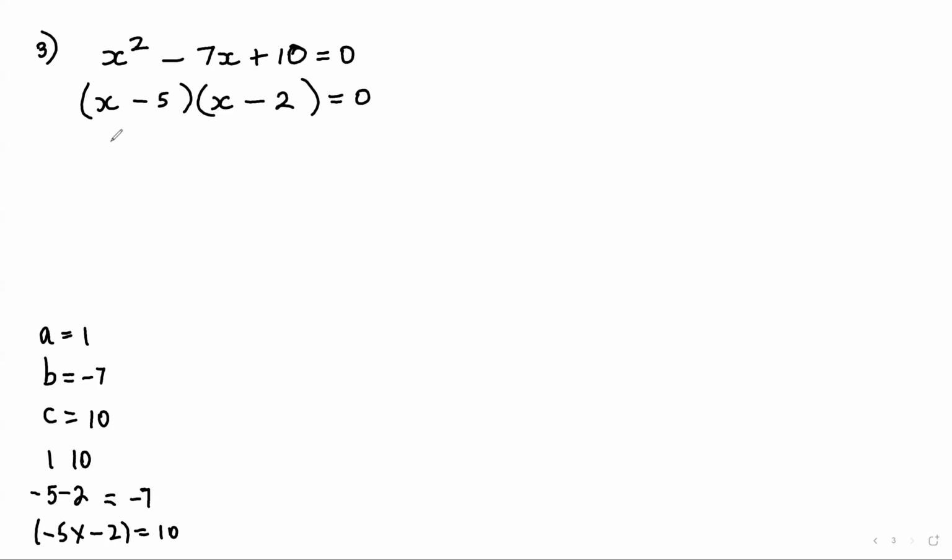So then x minus 5 is equal to 0, or x minus 2 is equal to 0. So therefore, x would be equal to 0 plus 5, which is 5, or x would be equal to 0 plus 2, which is 2. Do you know why I'm saying plus 2 and plus 5?